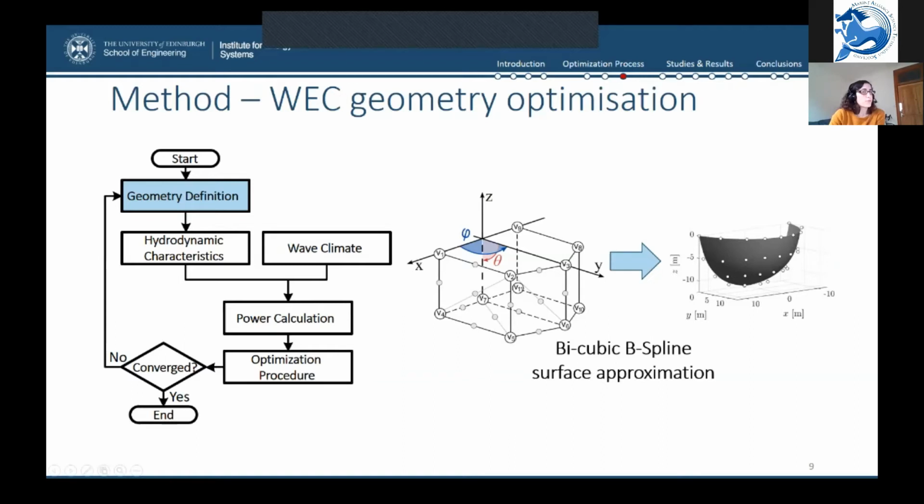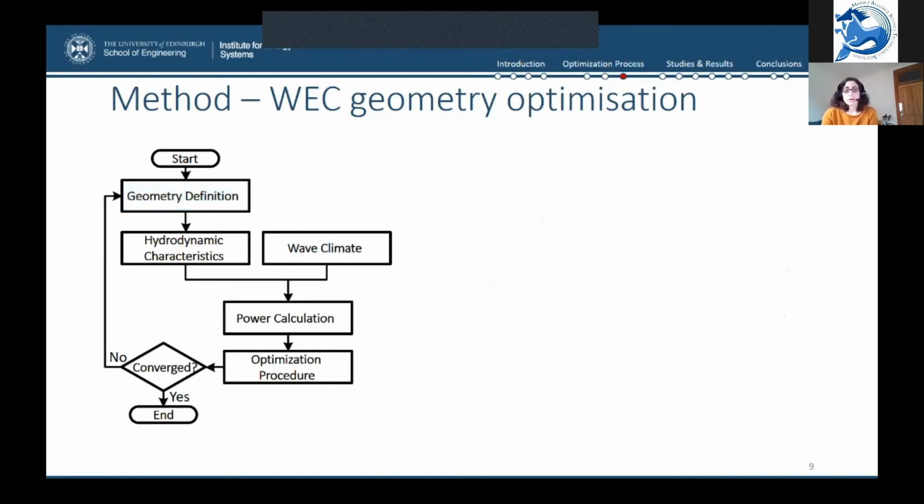Once we have the geometry, I can obtain the hydrodynamic coefficients or characteristics which describe how the shape behaves in waves with the help of a boundary element method software called WAMIT. And this is a commonly used software to calculate the hydrodynamic characteristics of different shapes.